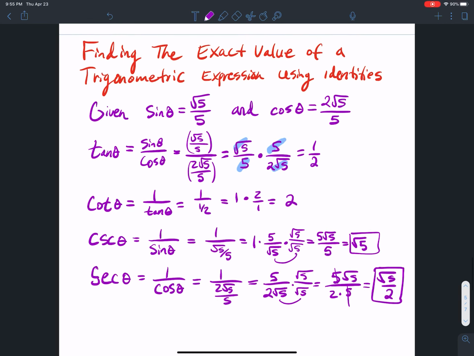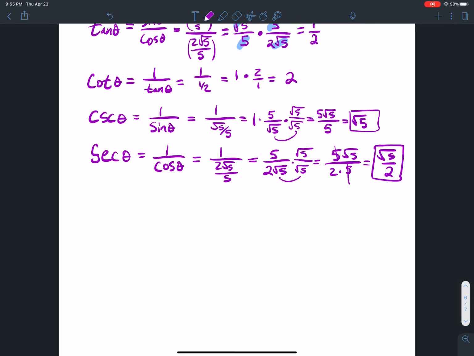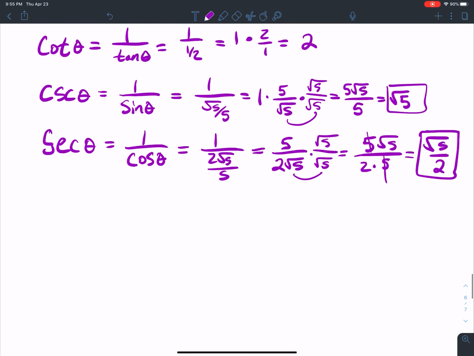Okay, let's do one. All right, so find the exact value. And say I had like the tangent of 20 degrees minus the sine of 20 degrees over the cosine of 20 degrees. Well, what do I know about sine of an angle divided by cosine of an angle?